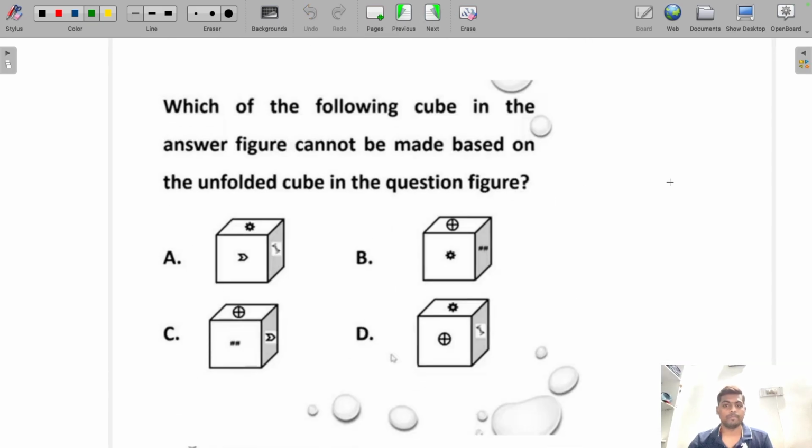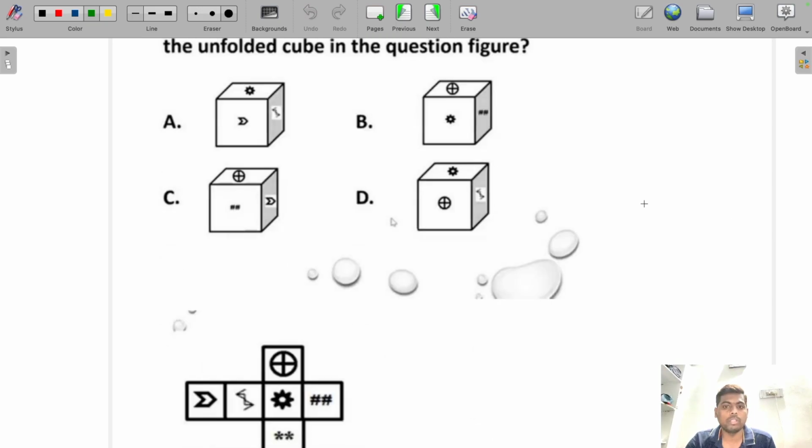Coming to the next question, which of the following cubes in the answer figure cannot be made? So they're asking which cannot be made. Now write down. For this one, what is opposite? It will be 2 stars. Now for this one, what is opposite? It will be star.